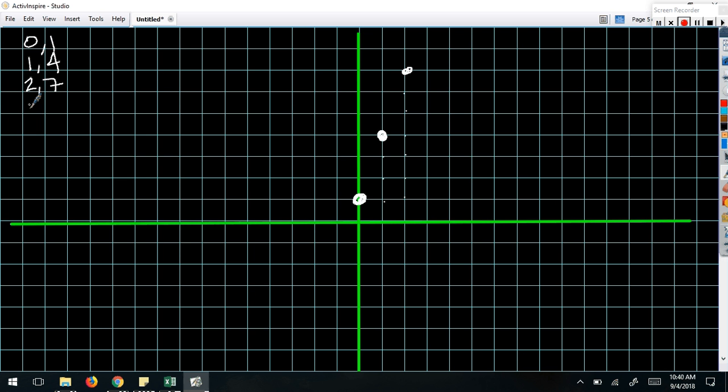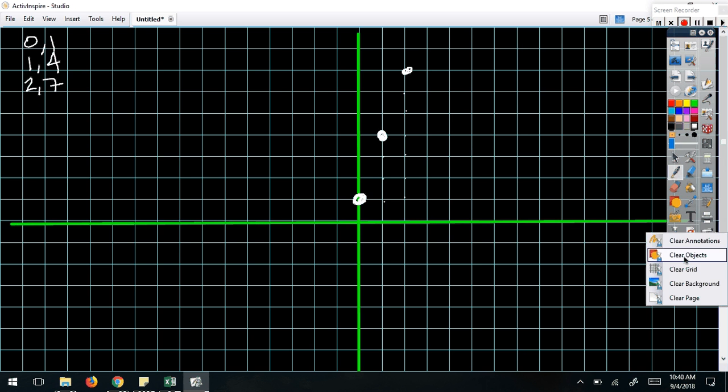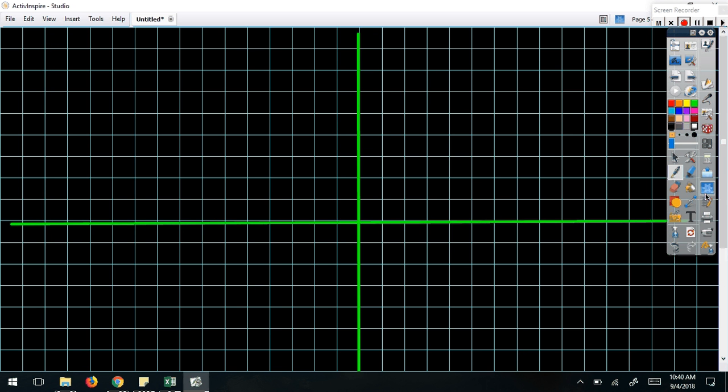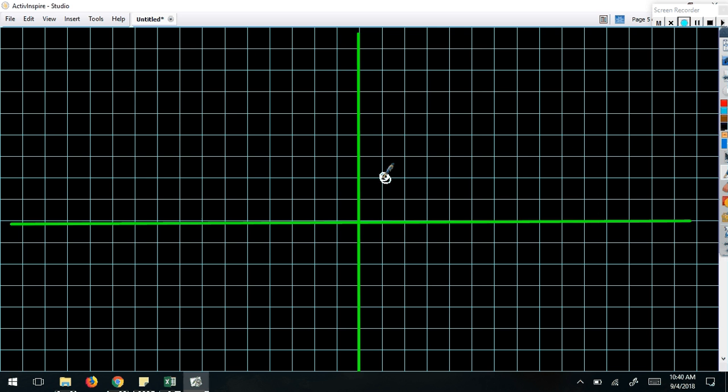Let me switch this up a little bit. Let's say I'm going to give it to you another way. I want you to tell me the ordered pairs and tell me the domain and then the range.